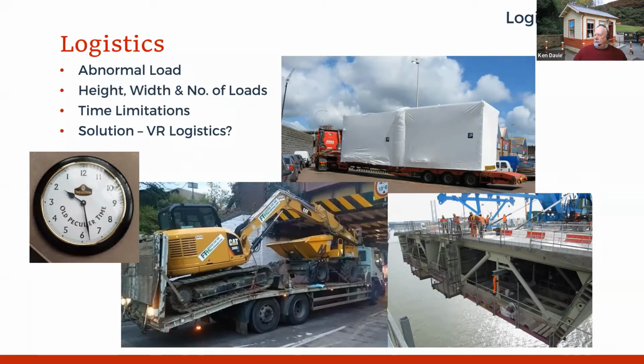What we're looking at here in terms of logistics, bottom right, the images are courtesy of Transport for Scotland. It's one of the bridge deck units for the Queensferry Crossing, which opened a couple of years ago. The bridge deck units for that project were prefabricated in Shanghai.